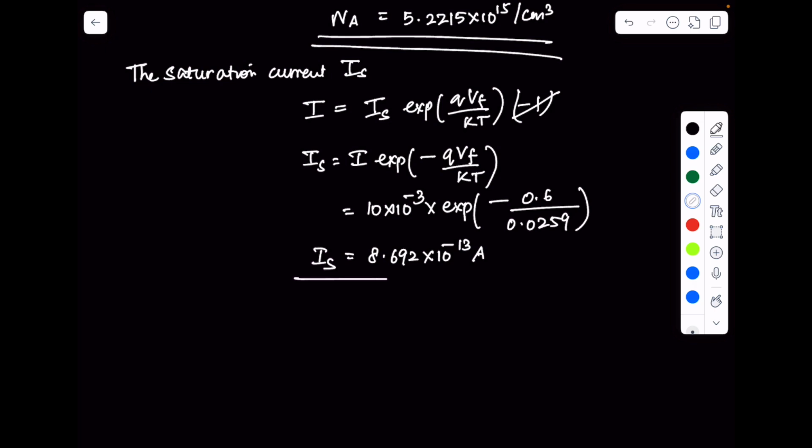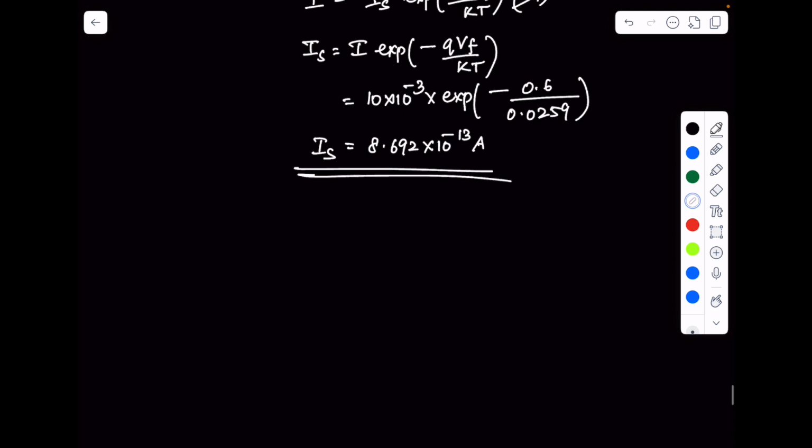So this is the saturation current of the diode if we need to supply 10 milliamp at 0.6 volts. Now what we know is that because this is a P N plus diode, I can write my IS as Q times A times Dn upon Ln into Np naught.